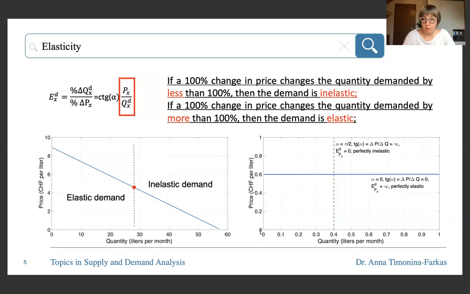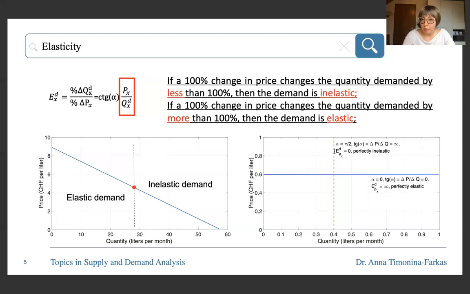Nobody will buy anything. Mathematically, in this case, the angle is equal to 0. Tangent, which is delta p divided by delta q, is also equal to 0. And elasticity, as soon as it is cotangent here, not tangent, in this case is infinity, so 1 divided by 0.